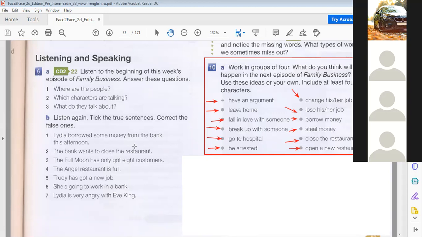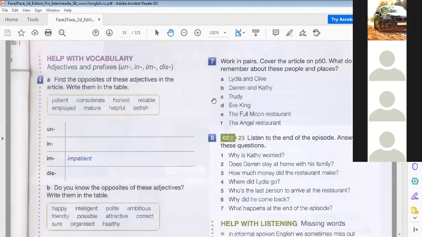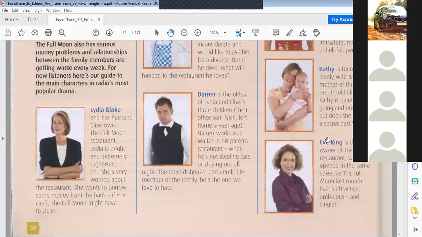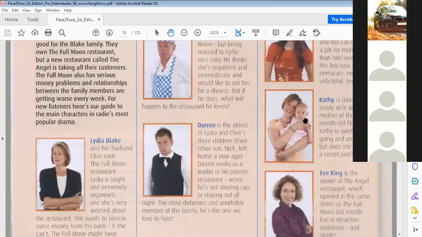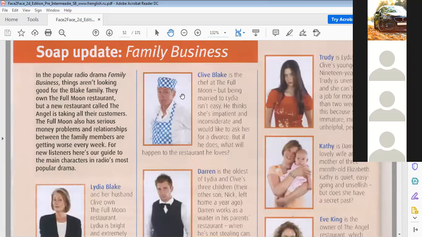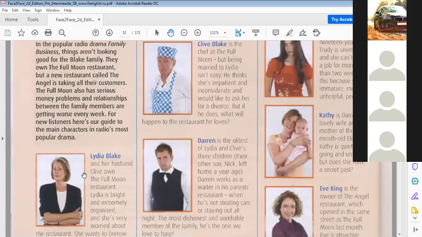So these are the characters. Let me take you back. Elizabeth's mother. Kathy. You mean Kathy? Okay, here are the characters. This is Eve King. Kathy and her husband. This is Kathy. This is Elizabeth, Trudy, Clive, Darren, and Lydia.